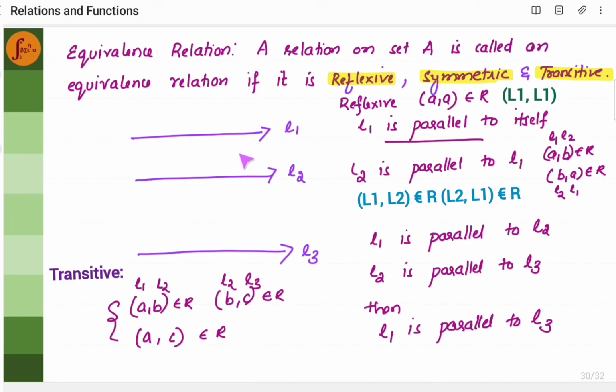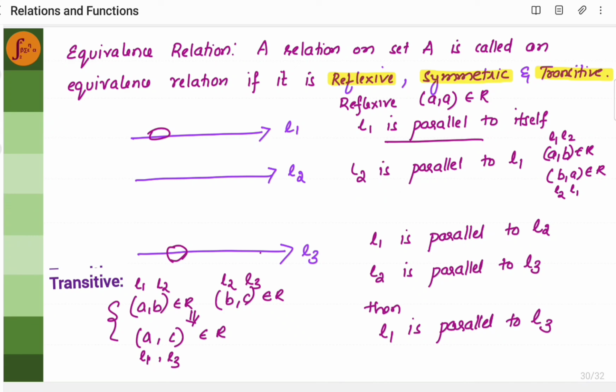Yes, right? If this and this are parallel, and this and this are parallel, then this one and this one should be parallel, obviously. So (L1, L3) is parallel, that is (A, C). Therefore, it is transitive. Since this relation is reflexive, symmetric and transitive, this is called an equivalence relation.